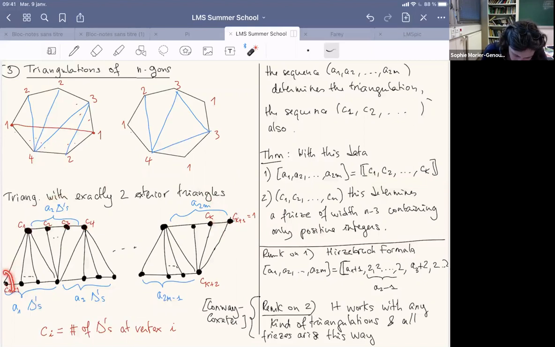The triangulation has two exterior triangles, so their quiddity numbers are 1 here, and I just need the sequence between these two ones. But it was a claim why this is true. If this is true, we can write down an explicit formula, because from the picture we can realize what is the connection between the A's and the C's.